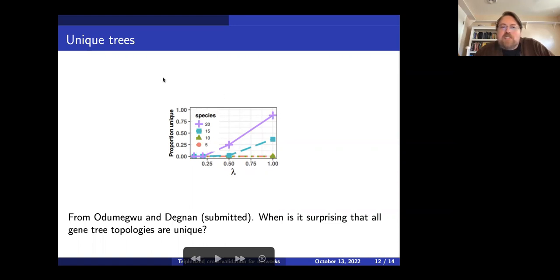And for the cross-validation study, we're in the process now of doing this with estimated sequences, and so with estimated gene trees. So again, with estimated gene trees, it's going to increase the number of unique topologies. And I think that's going to give more motivation to using a triplet-based summary or some sort of summary of the gene trees, instead of using gene trees that are likely to occur uniquely.